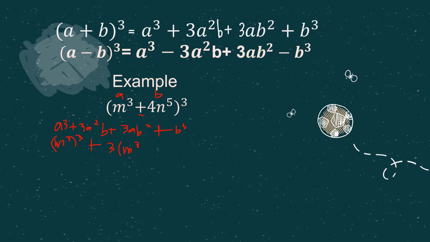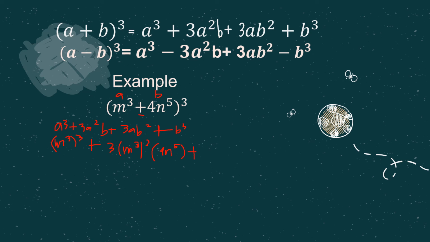m cube squared. Our B is 4n to the fifth.